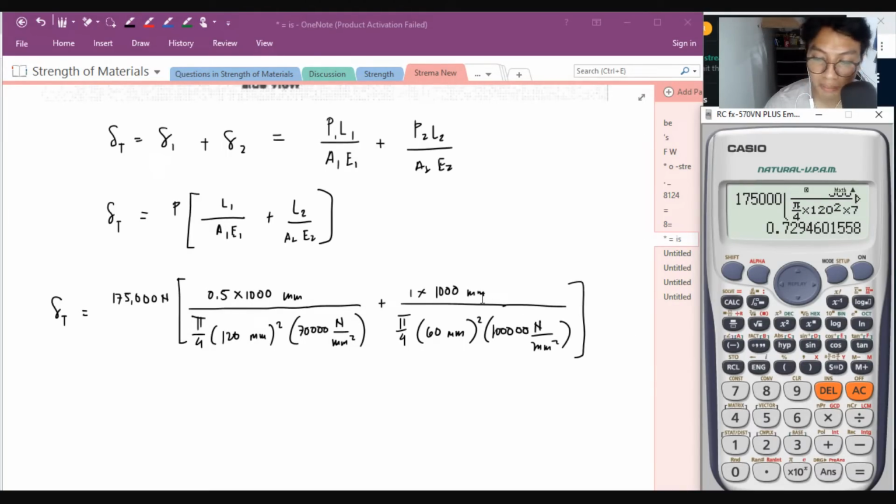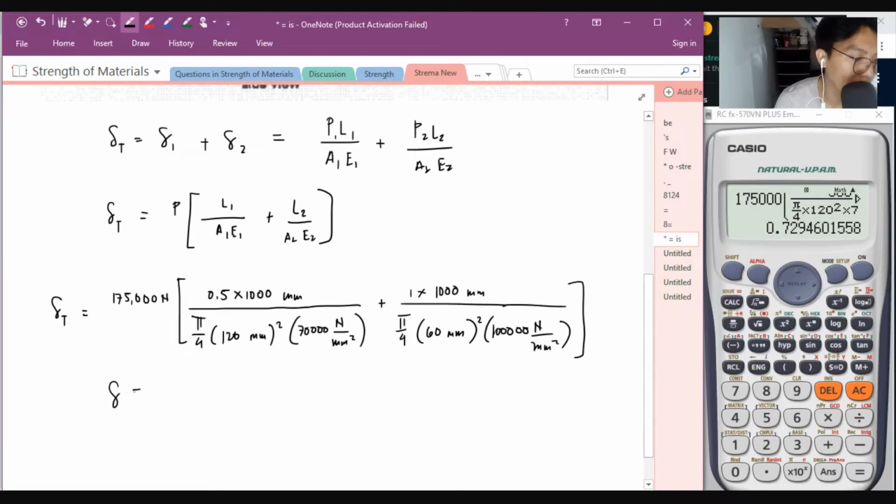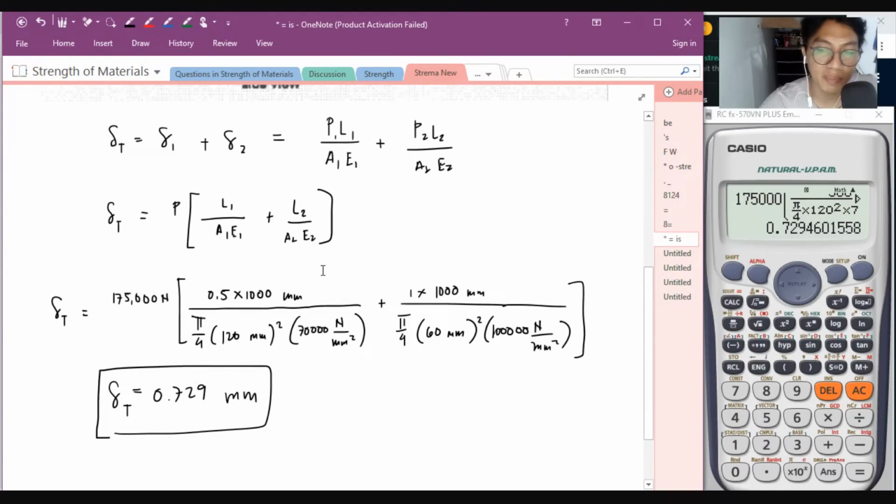The answer is 0.729 millimeter. That is the total elongation. Ganyan lang mga problem dyan.